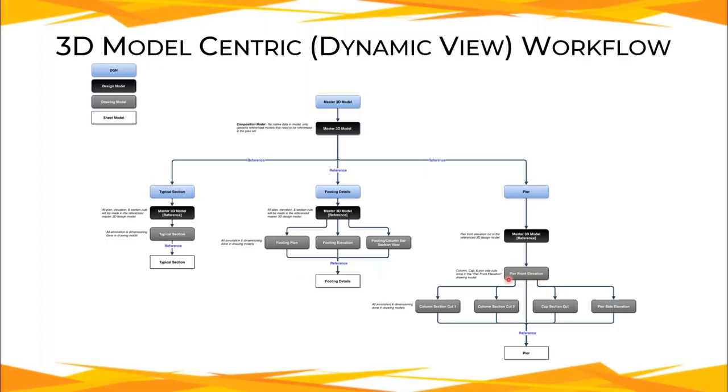But then within this drawing model itself, as opposed to doing it in the design model, I'm going to make 4 section cuts in this drawing model. I'm going to do a section cut 1 through the column, section cut 2 through the column, a cap section cut, and then a pier side elevation view. So these are 4 different section cuts that I'm doing in this drawing model here.